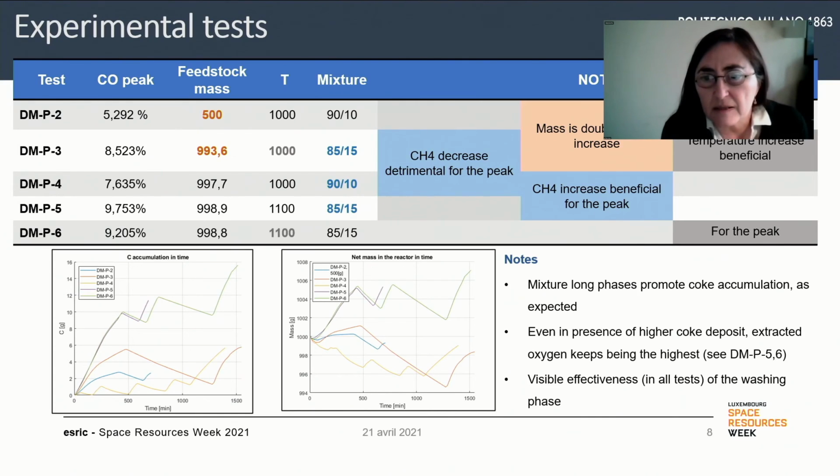But still, this is something positive with respect to the main peak that we obtain, that then is connected with the overall efficiency of the system, so the overall CO percentage output.